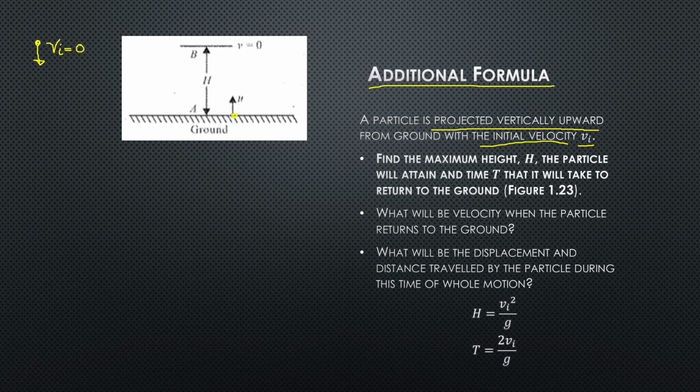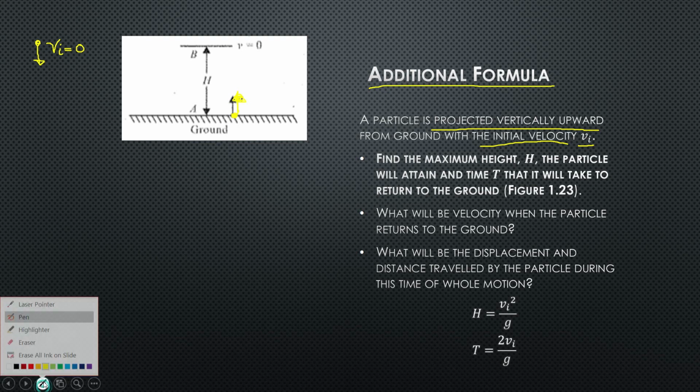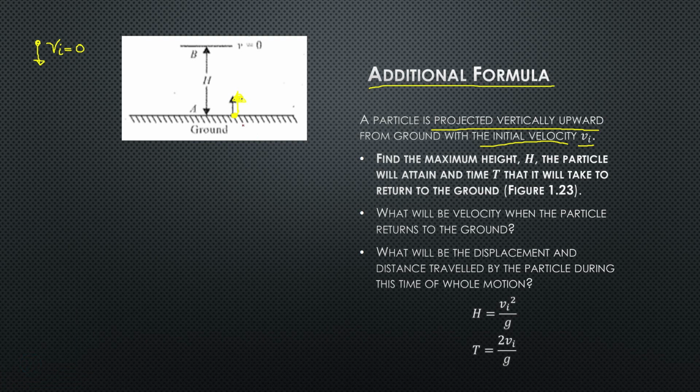So let's say this is the particle and it is projected vertically upward. Going up, there is a force applied and that leads to an initial velocity.